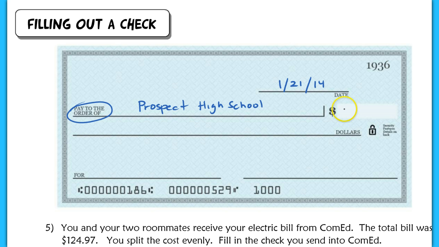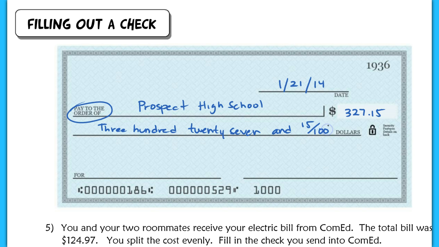Okay, so let's say I'm paying $327 and 15 cents. If I want to pay $327.15, here in words, I'm going to write that out. So I have 327, and instead of writing dollars or 15/100ths, I'm actually going to write this as a fraction.